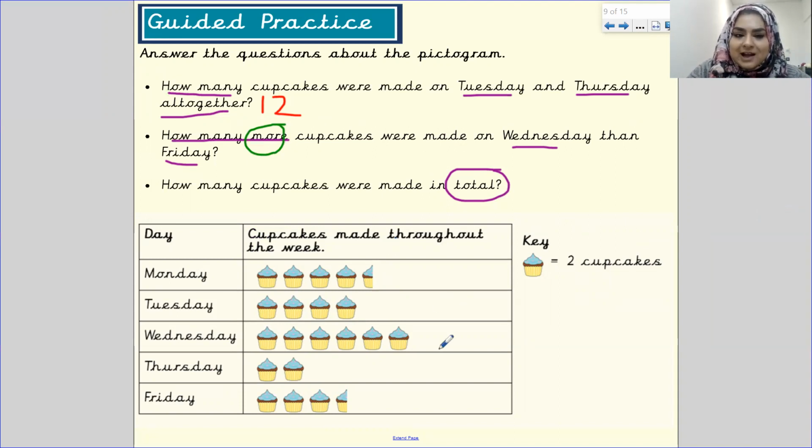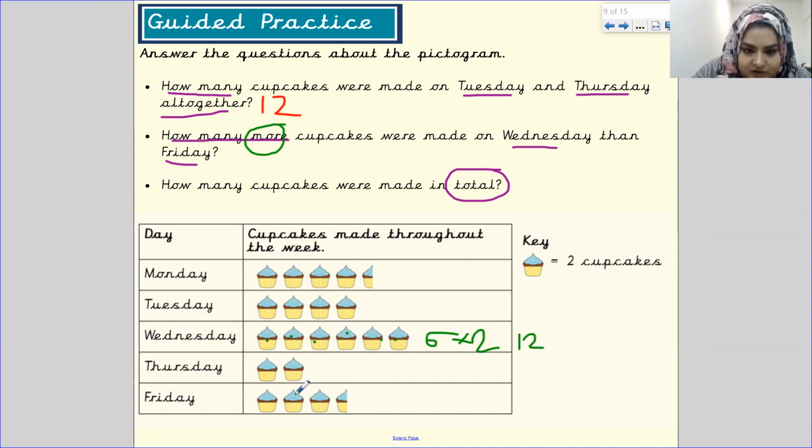So I'm going to work out how many I have on Wednesday and Friday. So Wednesday, remember, 1 picture means 2. So I'm going to count the pictures. 1, 2, 3, 4, 5, 6. So I have 6 pictures. And each picture means 2, which means I have 12 cupcakes on Wednesday.